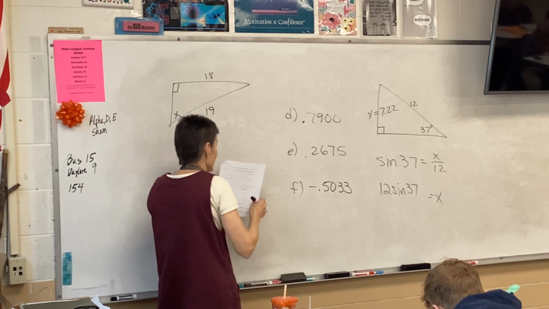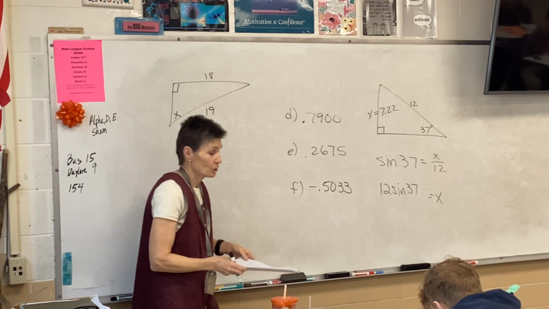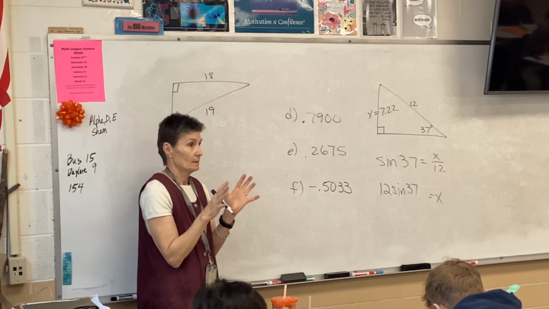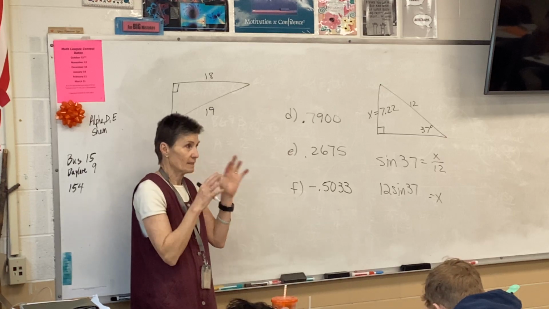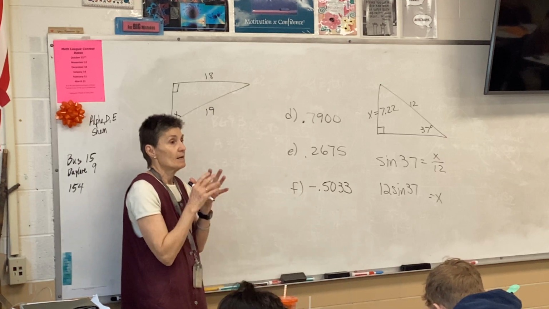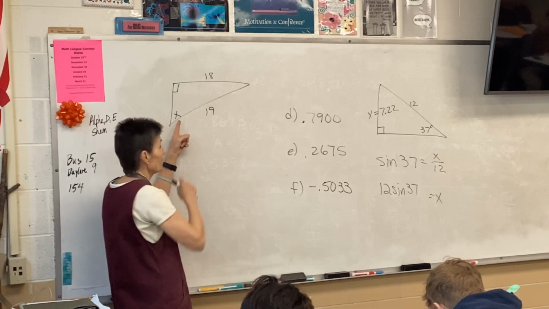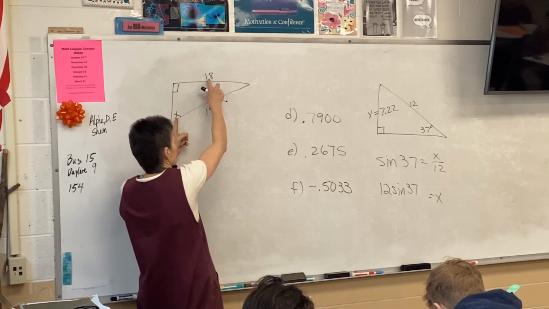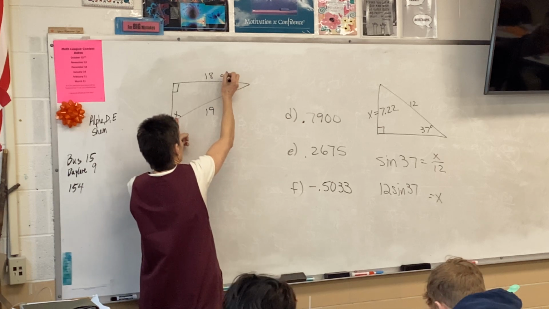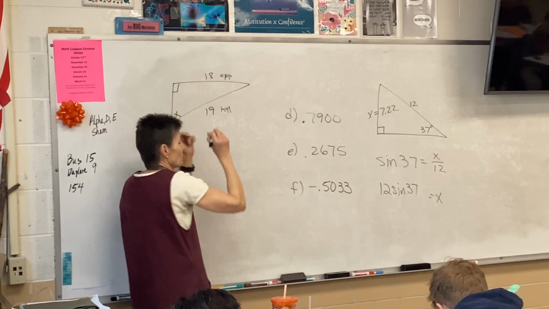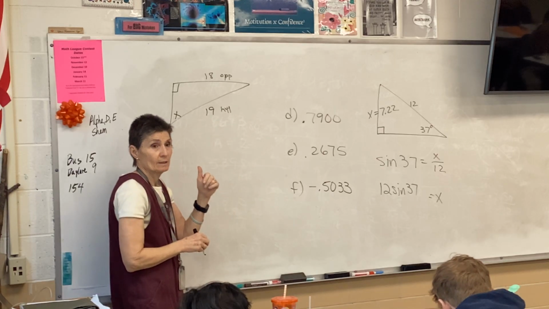Now, this one is a little bit more challenging because the triangle is oriented differently. We don't see squirrels and things with pictures that look like this. But the rules are the rules. There's your angle. So which side is this? Opposite. Which side is this? Hypotenuse. Which function are you going to use?